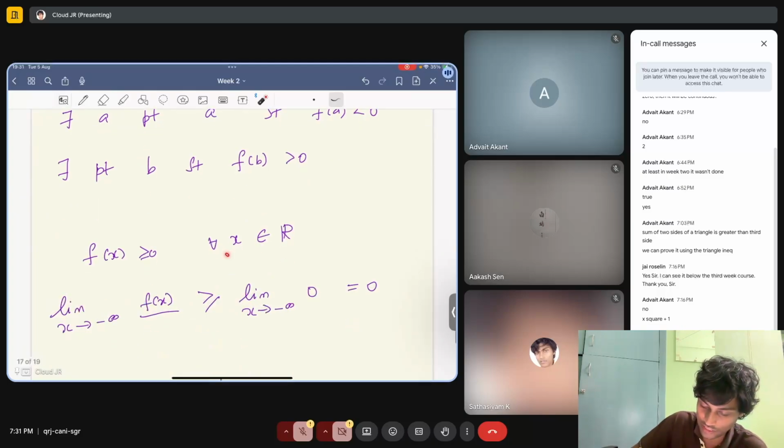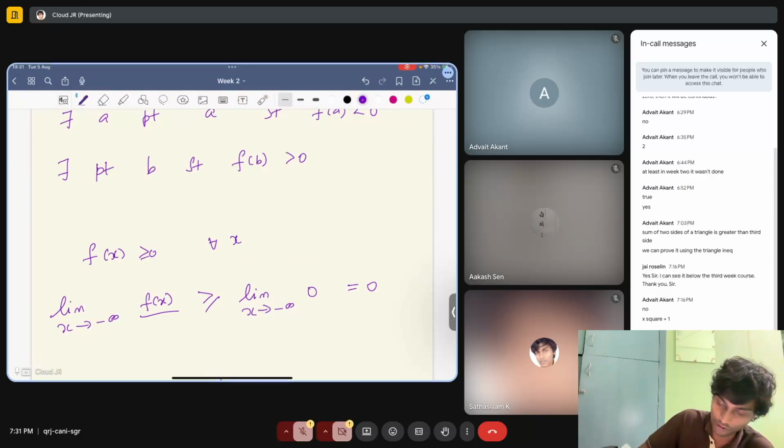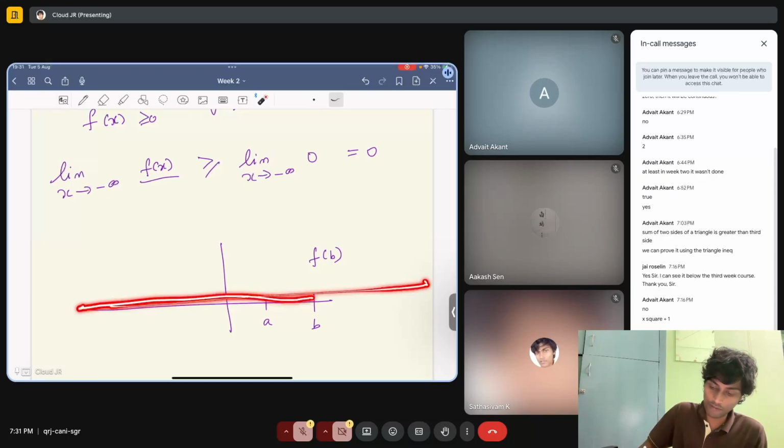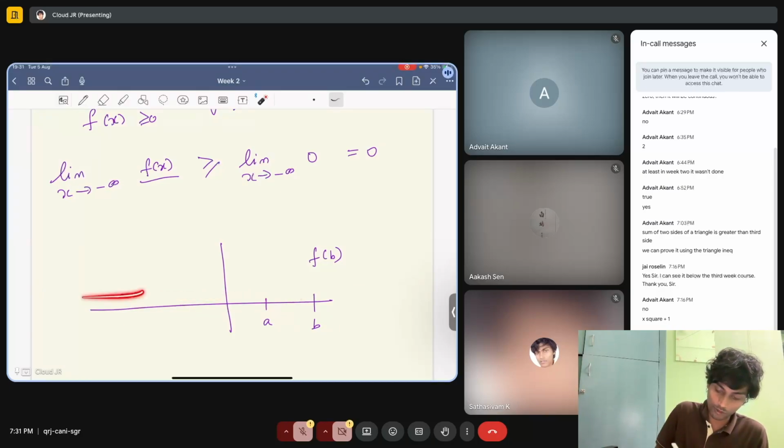So instead of saying for all x belongs to R, I'll just say for all x less than or equal to B. Okay, you just do this. Now why it makes sense is because you are doing the limit as x goes to minus infinity, right? So sorry, the B is here. I'm going x goes to minus infinity, I'm going like this. So it doesn't matter if I start here and go, or start here and go.